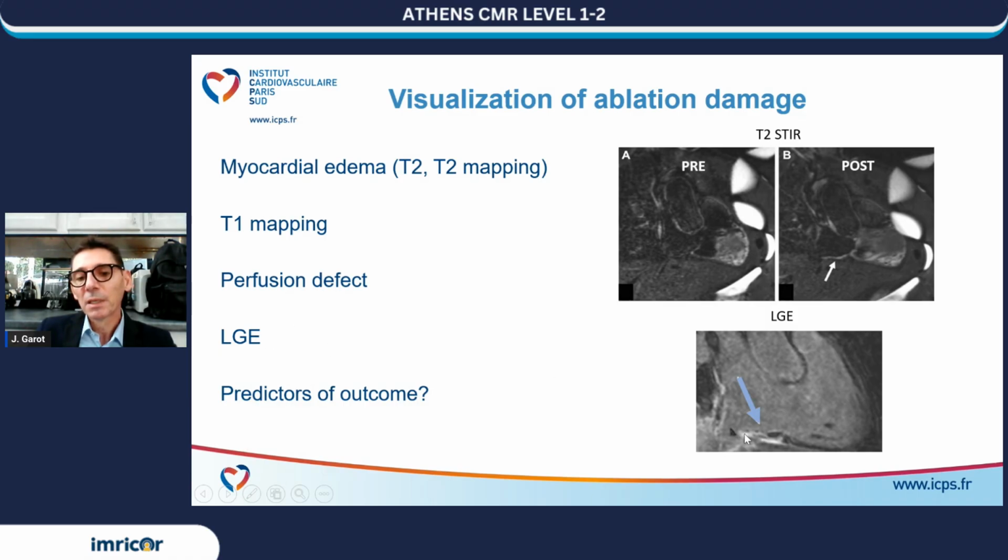You see the ablation lesion here just in front of the ridge. And there is interesting research going on trying to figure out whether these MR parameters could be predictors of outcome after ablation.